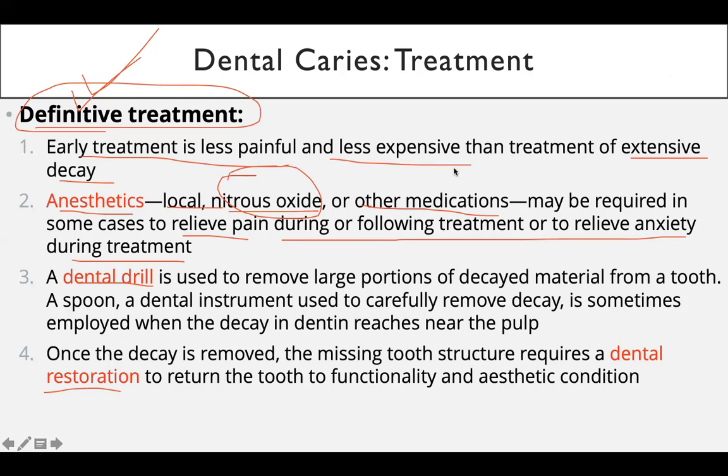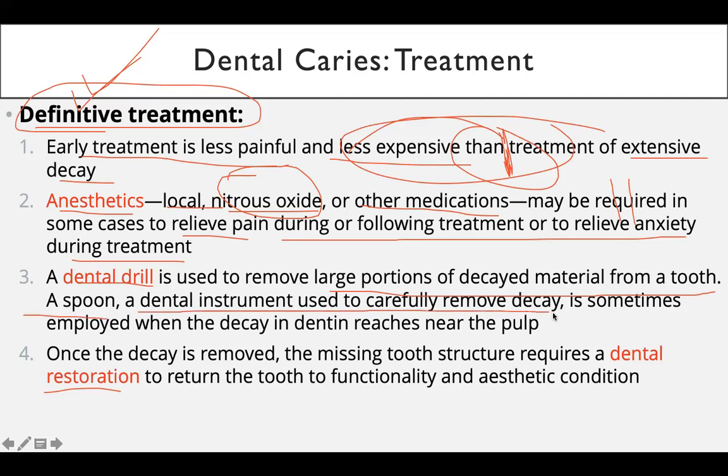A dental drill is used to remove large portions of decayed material from the tooth. When you go to a dentist, they have an irrigation system, and the whole instrument is known as a dental drill, and you can change the heads on it. A spoon, a dental instrument used to carefully remove decay, is sometimes employed when the decay in dentin reaches near the pulp.